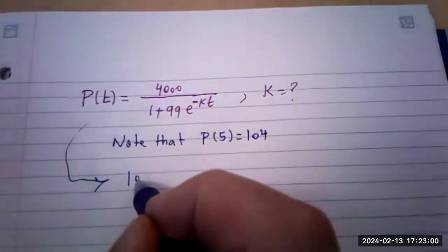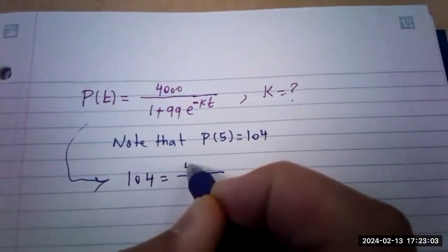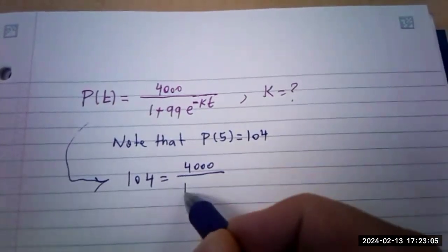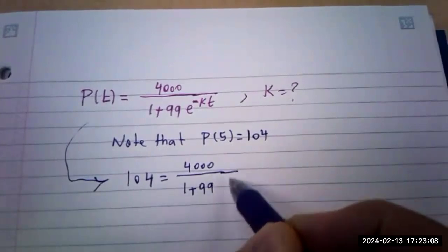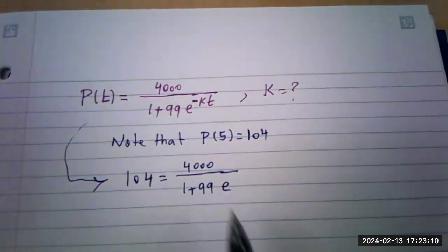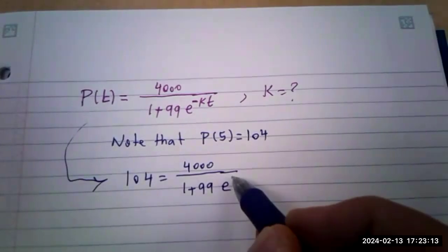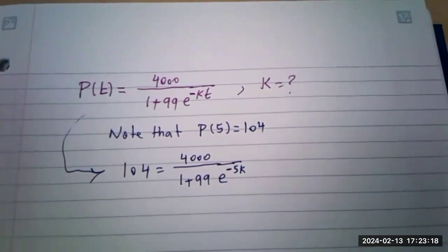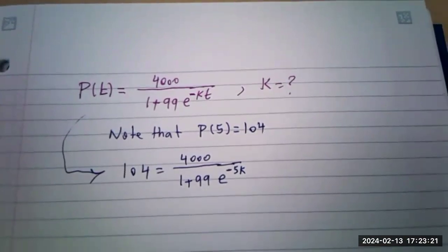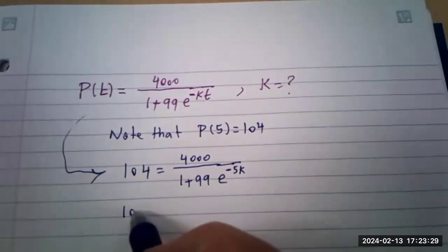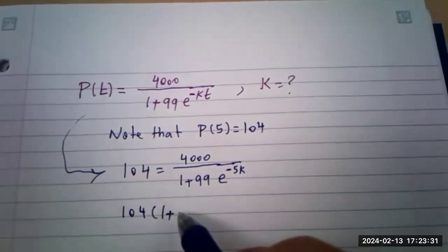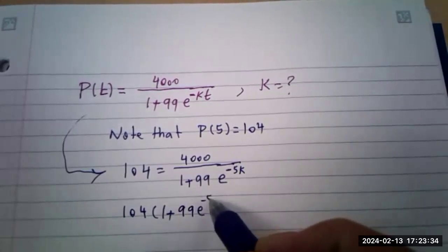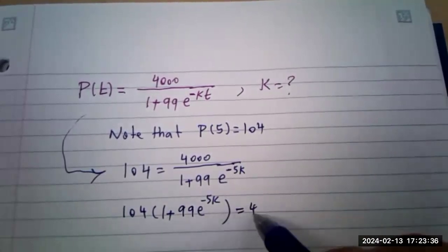That gives you 104 equal to 4,000 over 1 plus 99 e to the negative 5k. We have to solve this to get the k. Multiply and use your calculator to eventually get the result. So it's going to be 104 times 1 plus 99 e to the negative 5k equals 4,000.